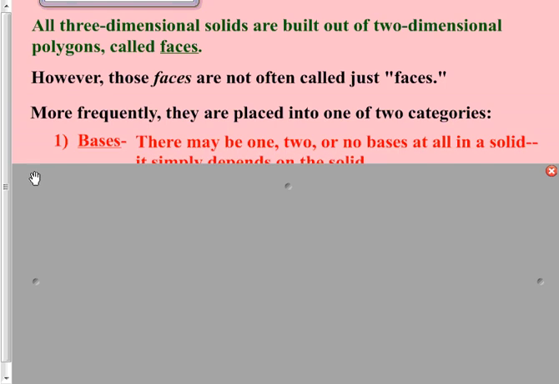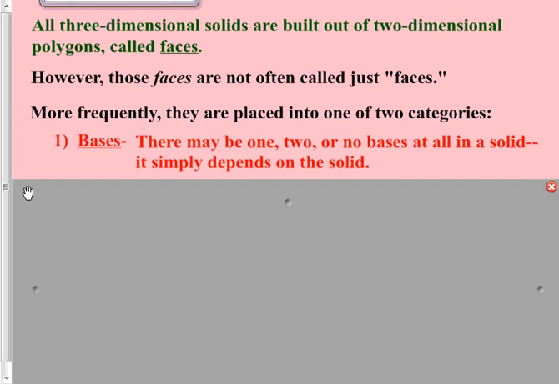Those categories would be bases, and a three-dimensional solid might have one base, it might have two bases, and it might not have any bases at all. How will you know how many bases a solid will have? Well, it'll depend on various aspects of the solid, and we'll talk about how to look at the solid, how to decide whether it does have one base, two bases, or no base at all.